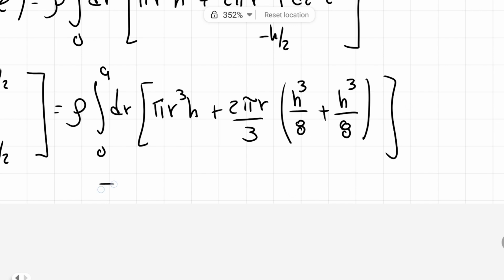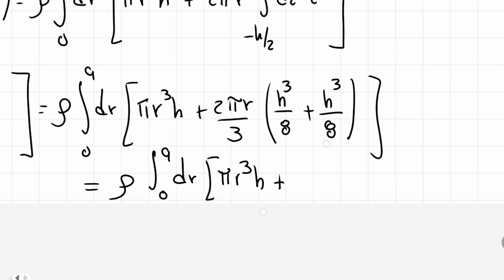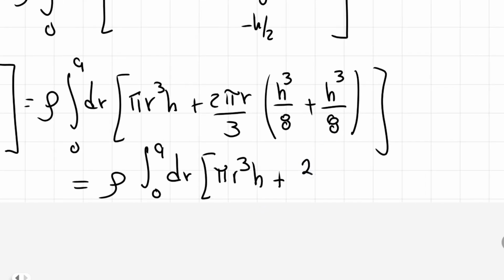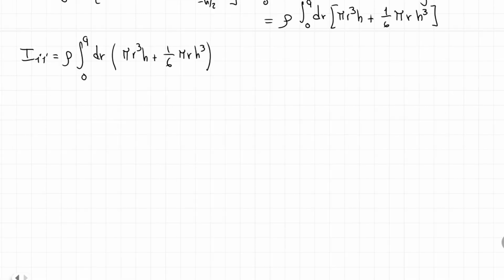So this is going to be equal to the density times the integral from 0 to a dr pi r cubed h plus, we will have here 2 divided by 12, which is going to be 1 over 6 pi r h cubed. Okay, perfect. So let me write this in another page.